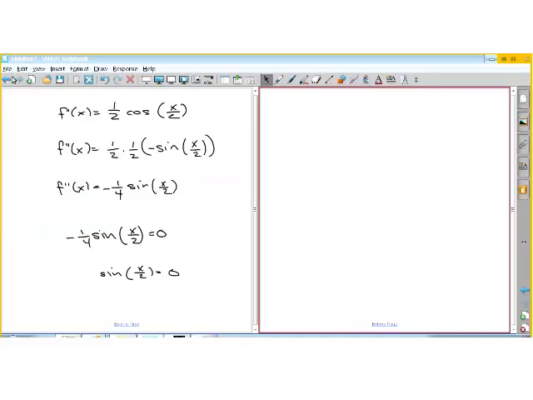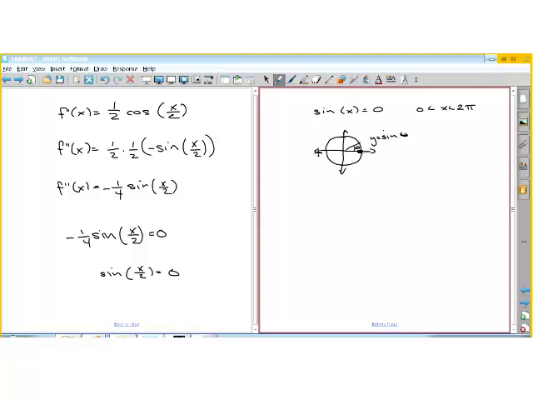So let's think if we can do this using our reference angle stuff. Let's just do the sine of x first, and if we just do x, we will be going between 0 and 2 pi. In this one, because it's actually on the axis, the reference angle thing doesn't work as well. It's a little harder to understand, so you just have to think about this. If you have a unit circle, when is the sine of the angle equal to 0? Remember, y is equal to the sine of theta for the unit circle.